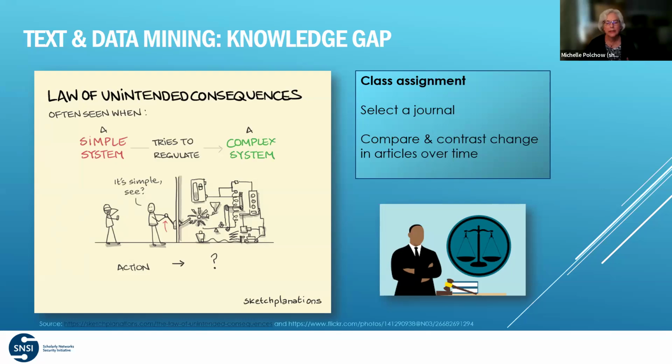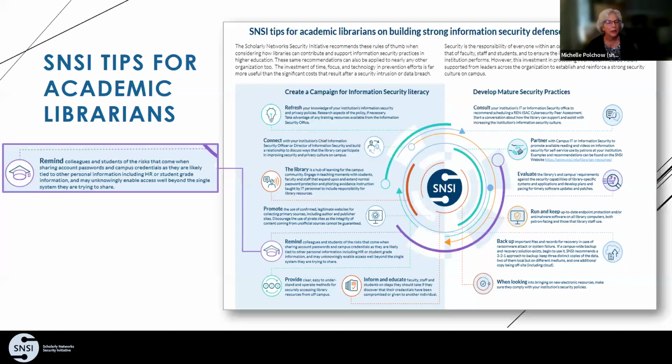So there is no cue to send the student back to the library to learn about text and data mining, how we can help them do this legitimately, and tools that would even make it simpler for them, because they were really taking a long approach to how they were doing this. So I think I want to close.